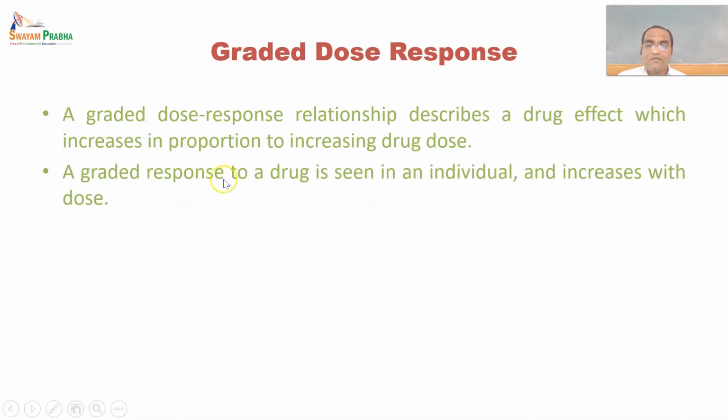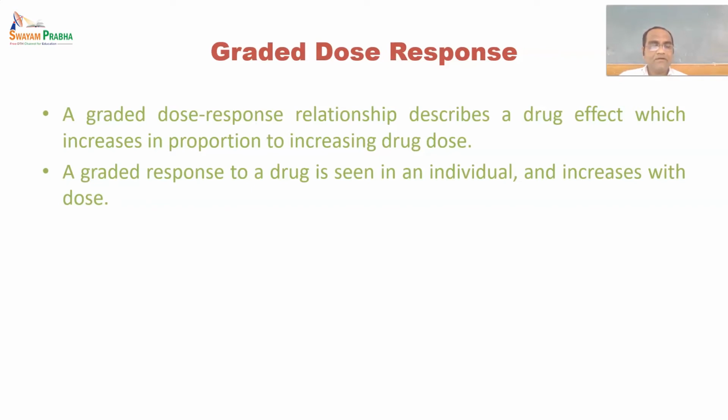A graded response to a drug is seen in an individual and increases with the dose. It is also a disadvantage of the graded dose response that it can be seen only in an individual. In pharmacology, for example, students perform a practical on acetylcholine by taking smooth muscle from an animal, basically ileum.